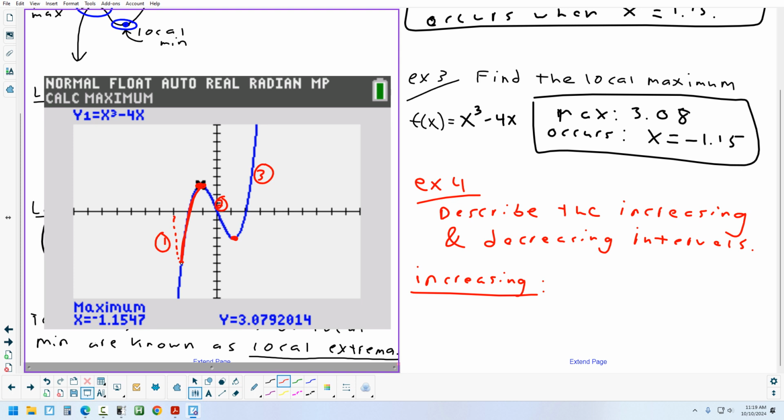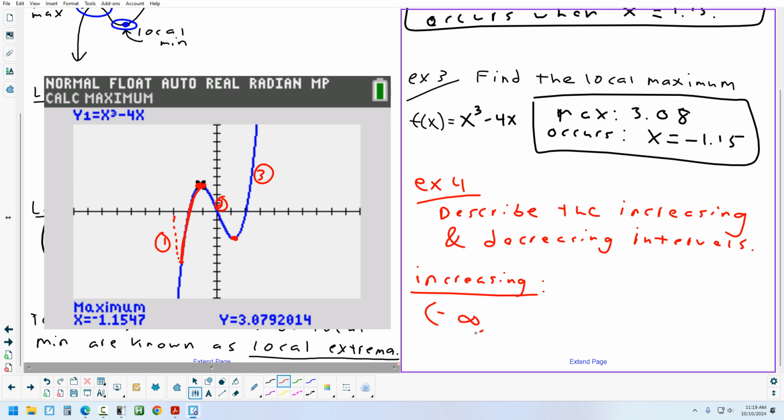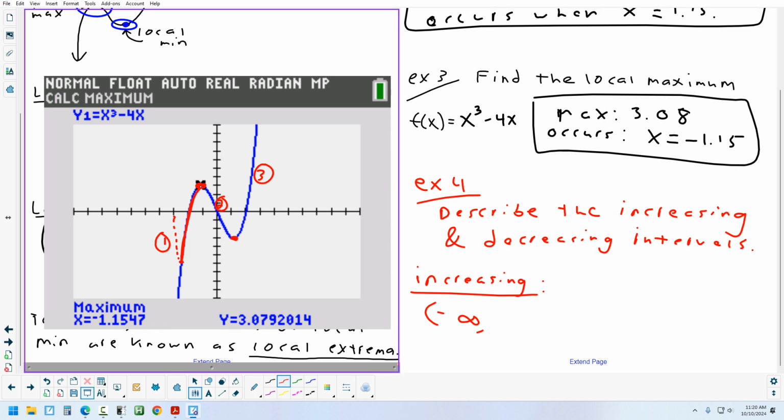Okay, so from negative infinity up to, what's the highest x value you could plug in and still be in section 1? The highest x value. What is it? -1.15. Yep. That's the highest x value you can plug in and we'd still be in section 1. So any number that you plug in from negative infinity up to that x value right there will put you on section 1, which is increasing.